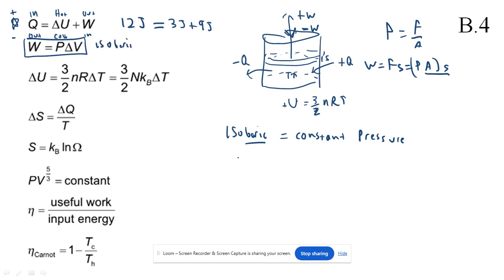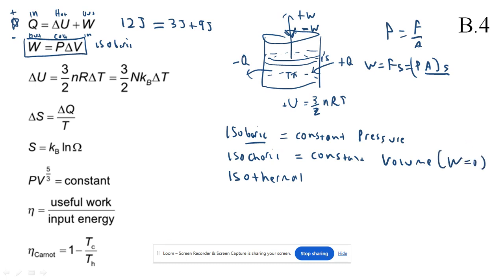Right? And then what are the other ones, right? There is isochoric. It's constant volume. It's not a commonly used term. They usually just say constant volume, right? Isothermal, right? So by the way, if it's isochoric, work is 0.